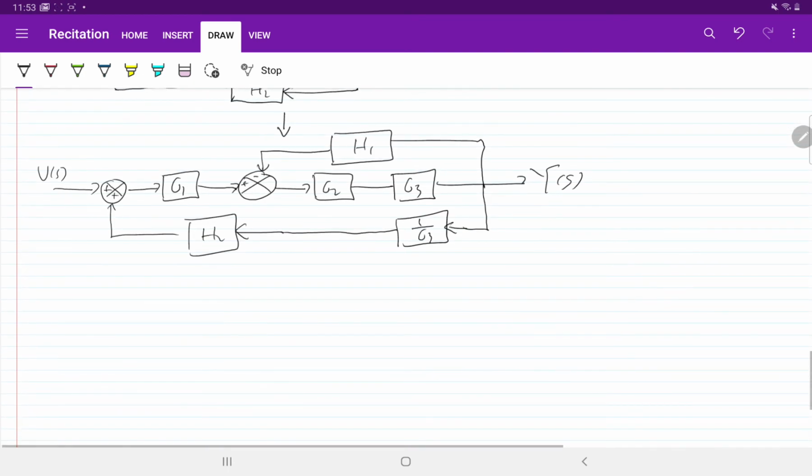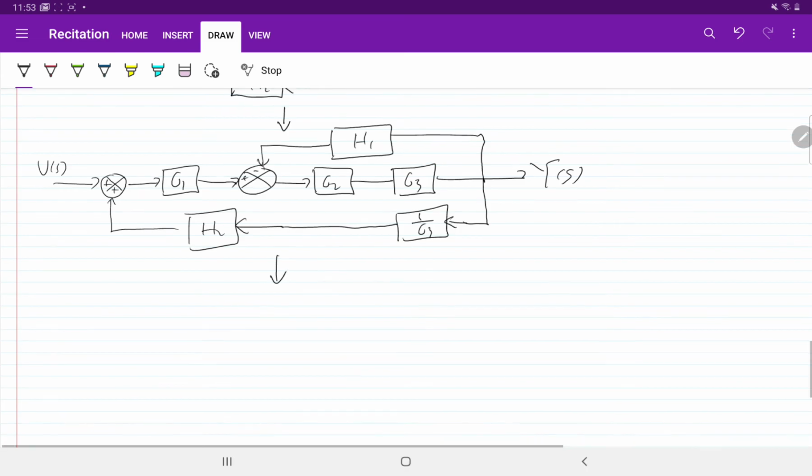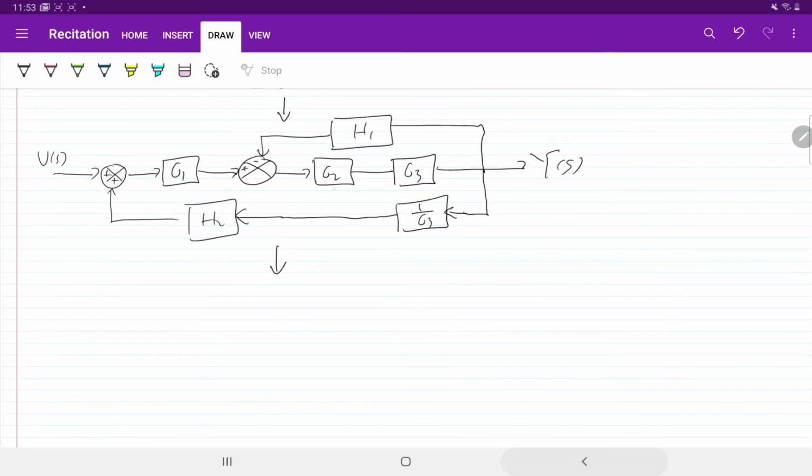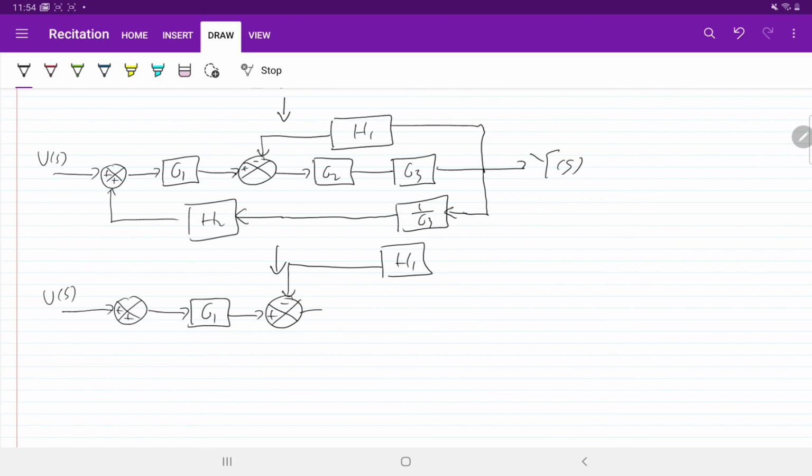The next simplification is that you can put these two blocks into one, because this is just G2 multiplied by G3, and these two blocks is H2 over G3. So you have this third simplified block, G1, plus minus, H1.